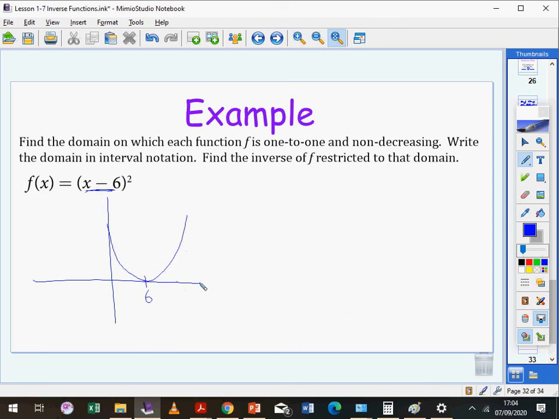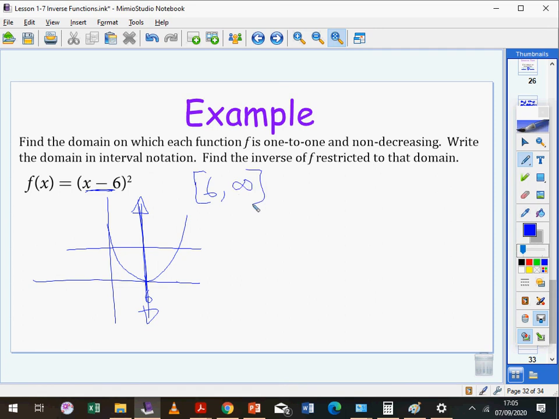Now I hope you can see that a horizontal line drawn anywhere on this graph will cut that line at 2 points for all values of x from negative infinity to infinity. But if I restrict my domain to start from right here, if I restrict my domain to start from 6 to infinity, then that function is going to be 1 to 1.